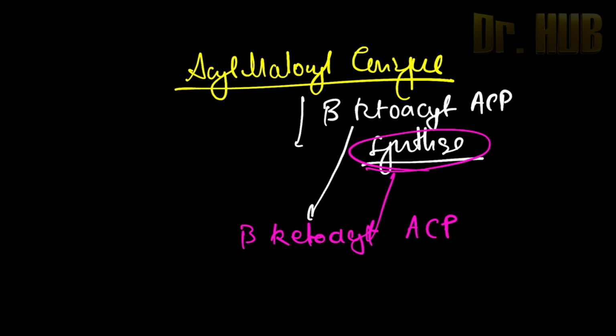So we stopped with the beta ketoacyl ACP. From here, what is formed will be the beta hydroxyacyl ACP.